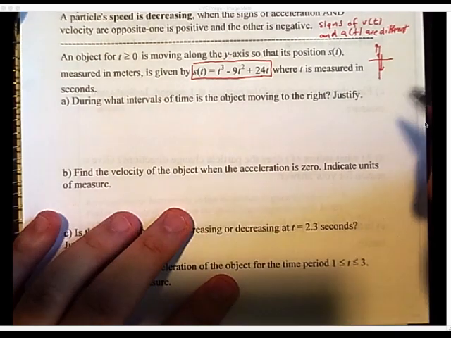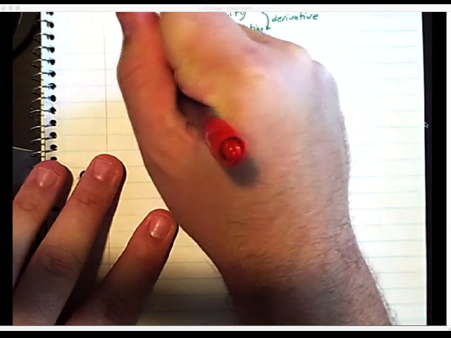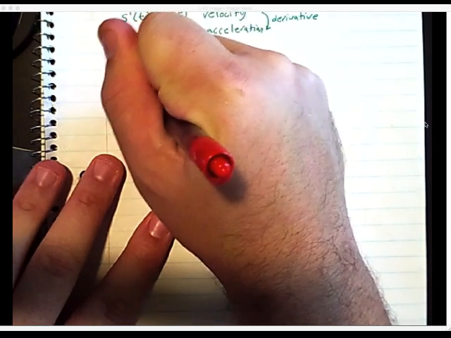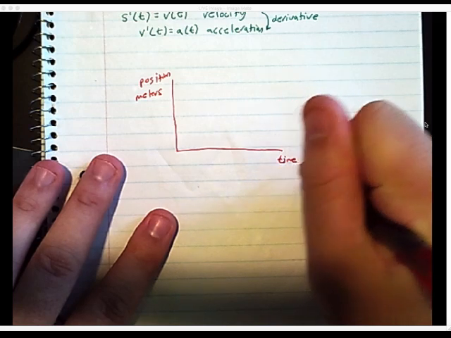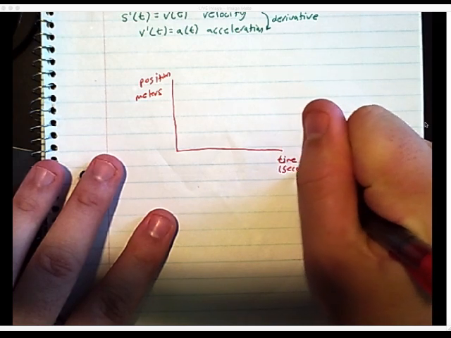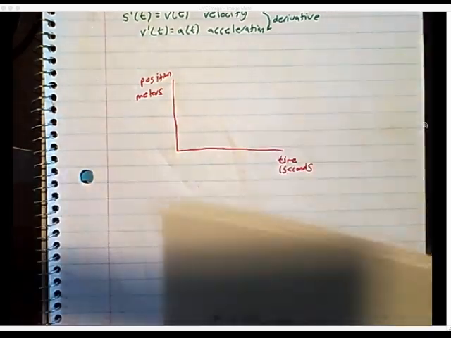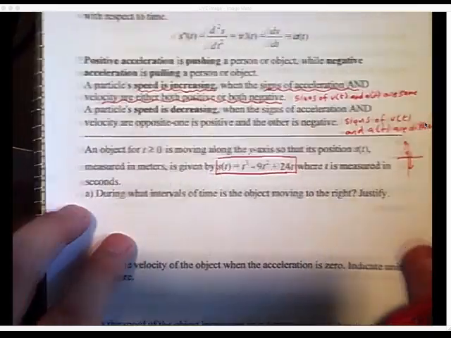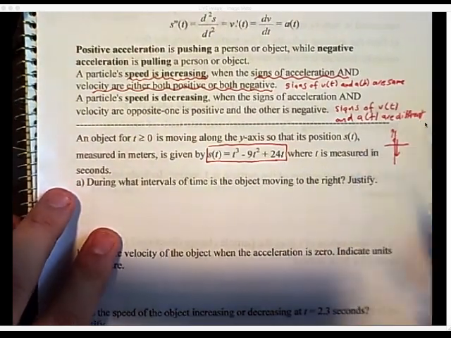So if we want to think about the graph, on my graph here, this would be position measured in meters and time measured in seconds. And this is moving along the y-axis, so it's moving up and down.